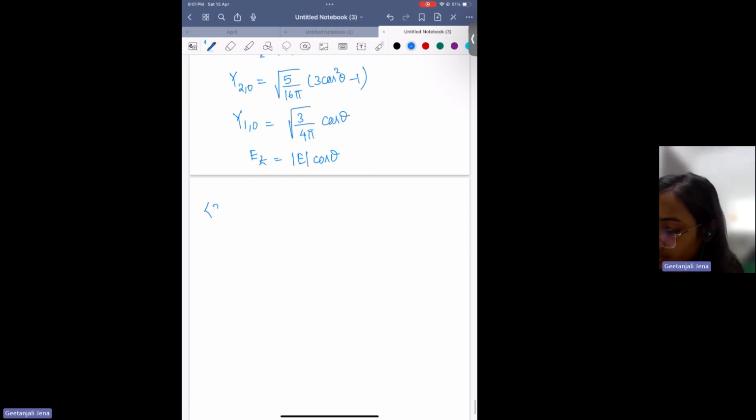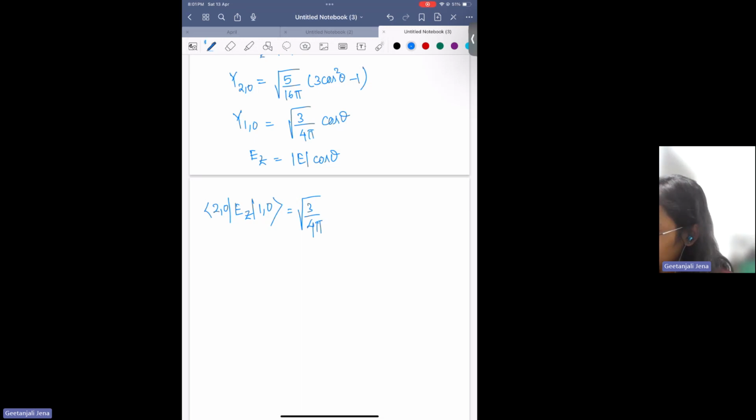So to find the expectation value, you just have to put the expression for Y20 and Y10 in the integral. I put Y10 first. So this will be Y star 20 times root 3 by 4 pi cos theta sin theta d theta d phi. This cos theta is for Y10.